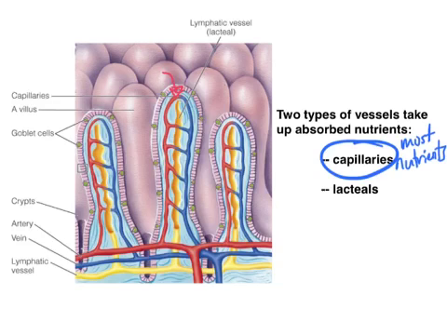These capillaries then drain into the hepatic portal vein and carry those nutrients directly to the liver. However, there are some fat droplets that are made in the process of absorbing fat that are just too big to enter the capillaries. The capillaries can really only take in smaller molecules. Large fat droplets enter into the lacteals.